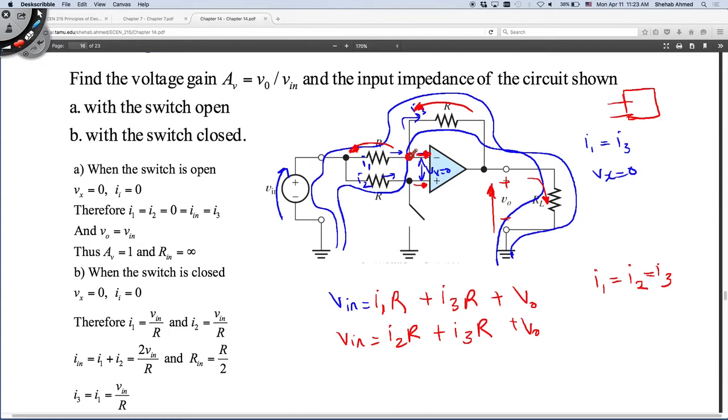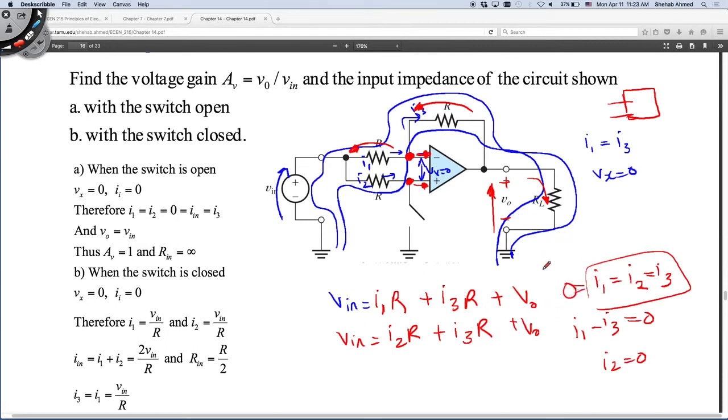I1 is coming into the node, and I3 is coming out of the node, so I1 minus I3 is equal to 0. How about Kirchhoff current law at this node? Current into the op amp is 0, and this is an open circuit, so I2 is equal to 0. I know that I1 is equal to I2 is equal to I3, and I2 is equal to 0, so these are all equal to 0.